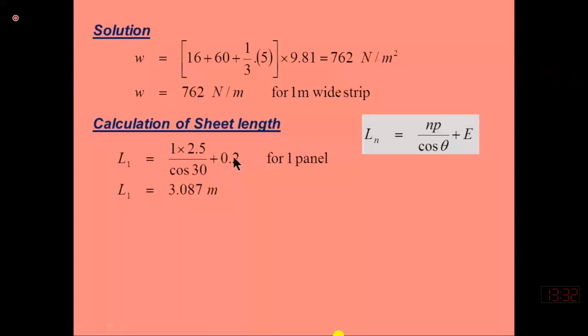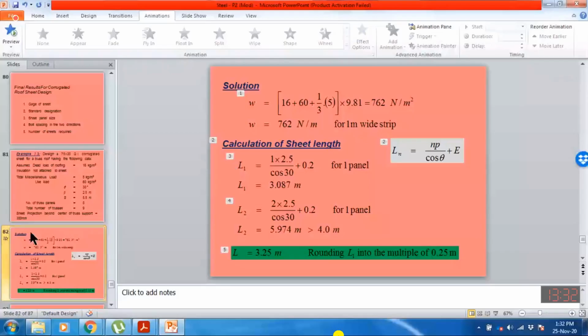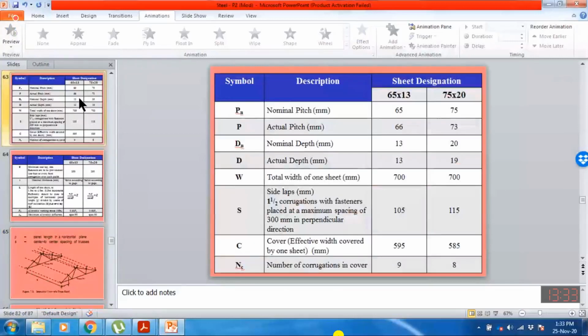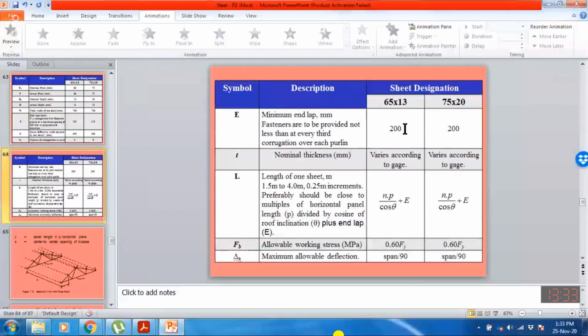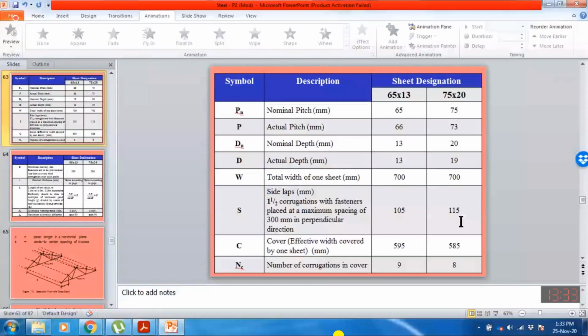The end lap will always be 0.2 if it is not given, because I have already explained that for this sheet the end lap will always be 200 millimeters. Similarly, the side lap will be 1.5 corrugation or 115 millimeters. So the end lap value will always be equal to 200 millimeters, even though it is not provided.